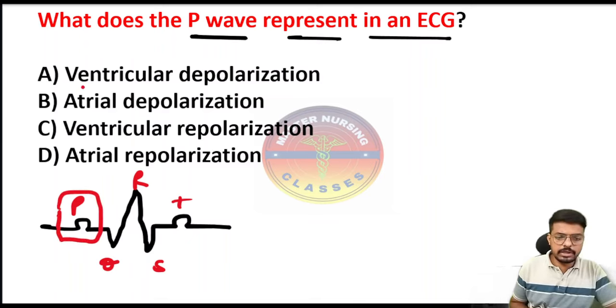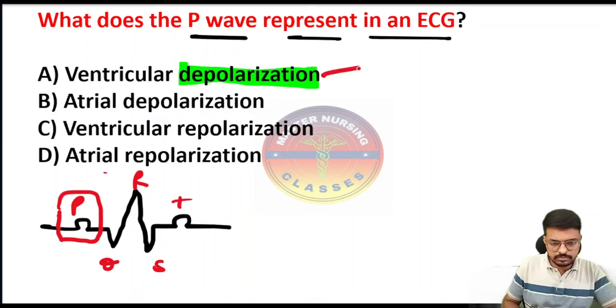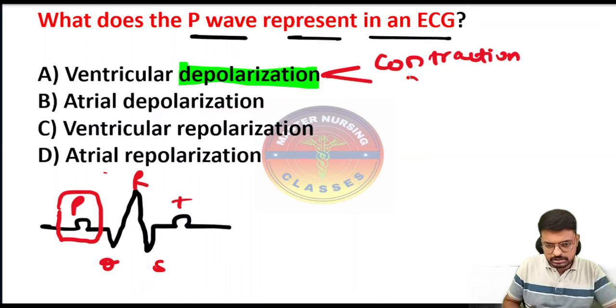Option A, ventricular depolarization. Option B, atrial depolarization. Option C, ventricular repolarization. Option D, atrial repolarization. What does it indicate? Yes, and I will make one thing clear for you all, bachon. The word depolarization means the contraction, or we can say the systole.